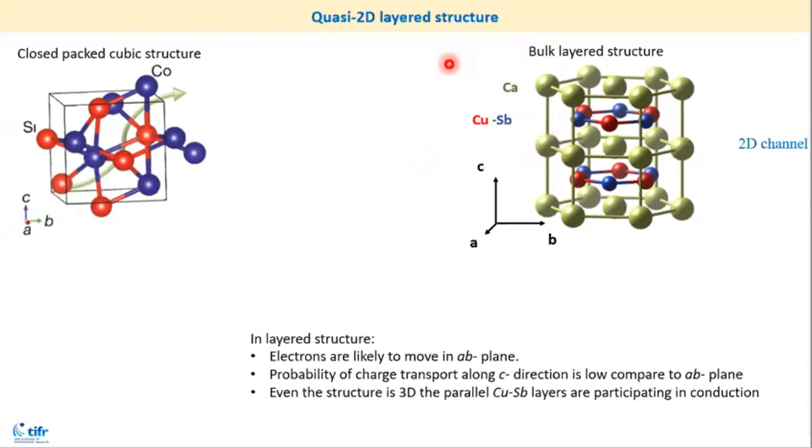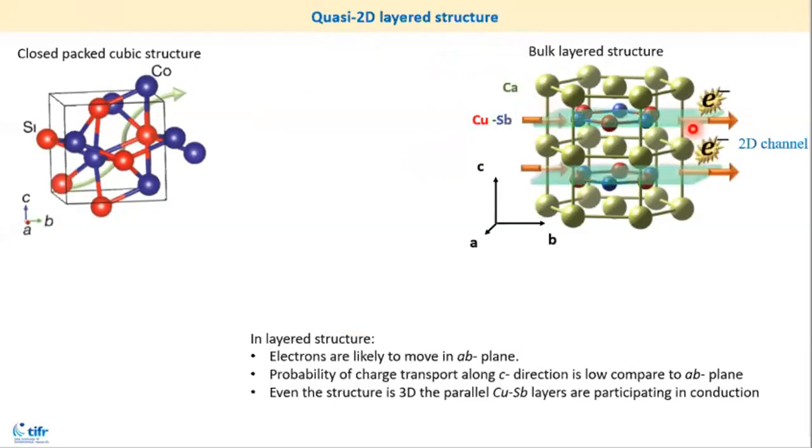But this calcium copper Sb has a layered structure. Here, two copper Sb layers are sandwiched with the calcium layer. It has a kind of 2D metallic sheet.